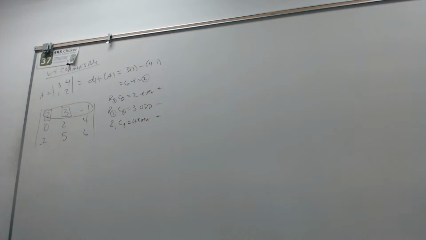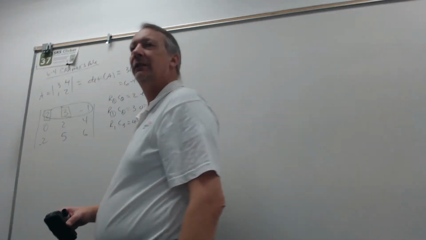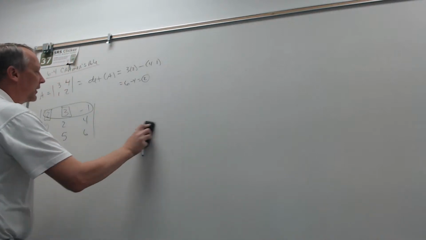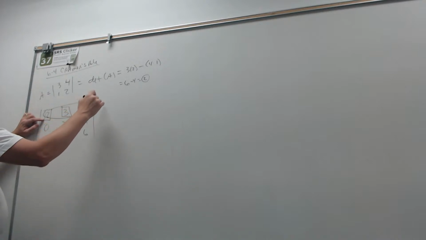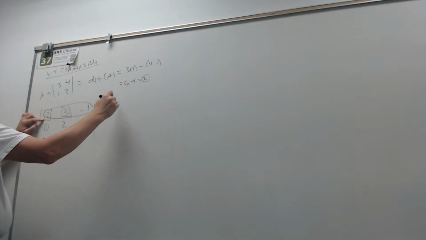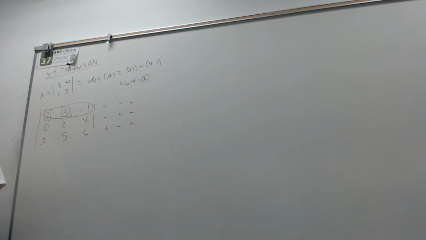That's the correct mathematical way to do this, and so the sign changes. Another way to think of it, if you don't like this, is that the signs alternate, and it always starts with a plus: plus, minus, plus, minus, plus, minus, plus, minus, plus. If that's easier for you to remember, that's fine. It's the same thing I just told you.